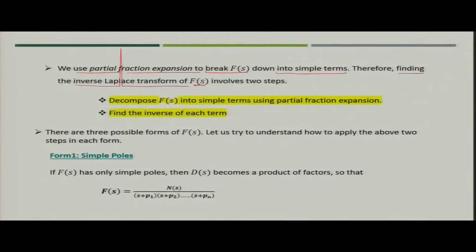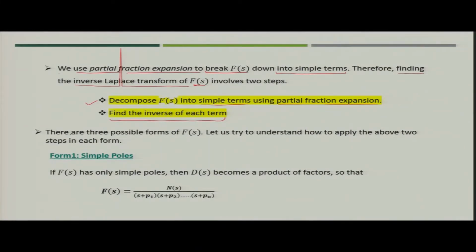So, what are the steps involved in the computation of the inverse Laplace transform? We use two steps. One, we first decompose the function F(s) into simple terms using partial fraction expansion, and then we find the inverse Laplace transform of each term found in the first step.